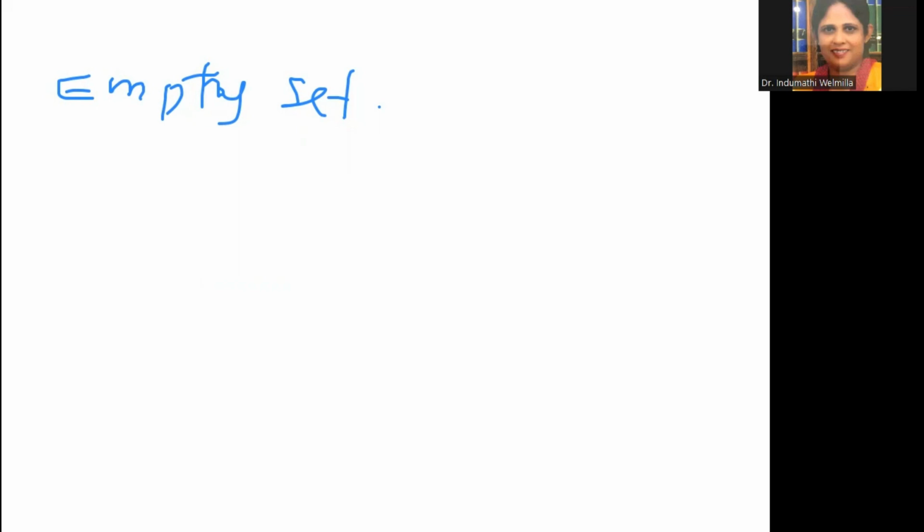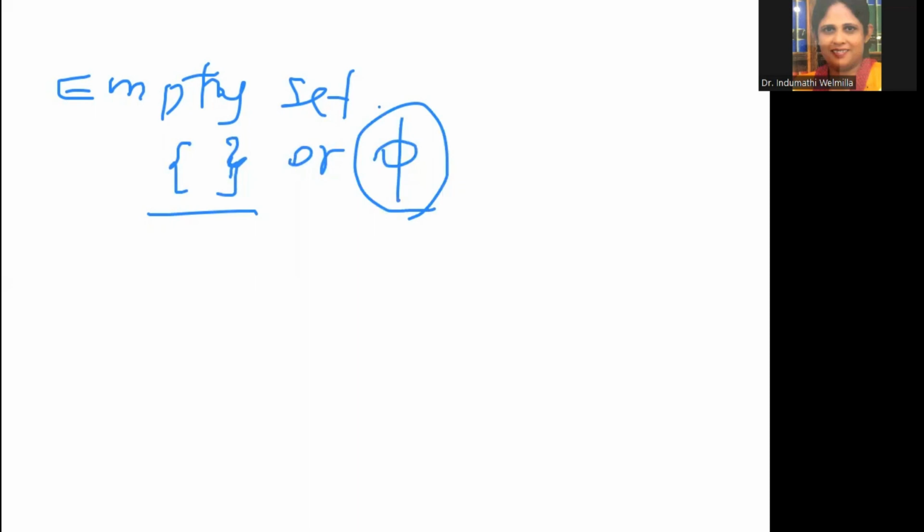How do we denote it? We use empty brackets like this way, or we use this notation also to represent the empty set.